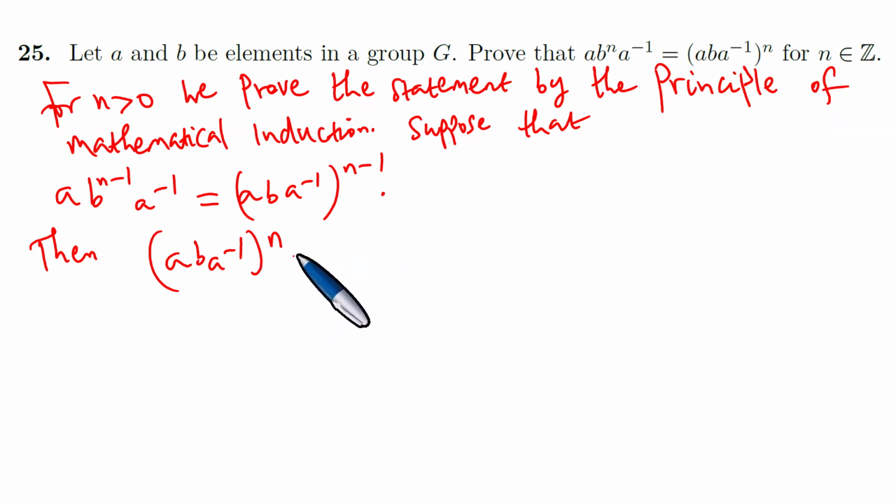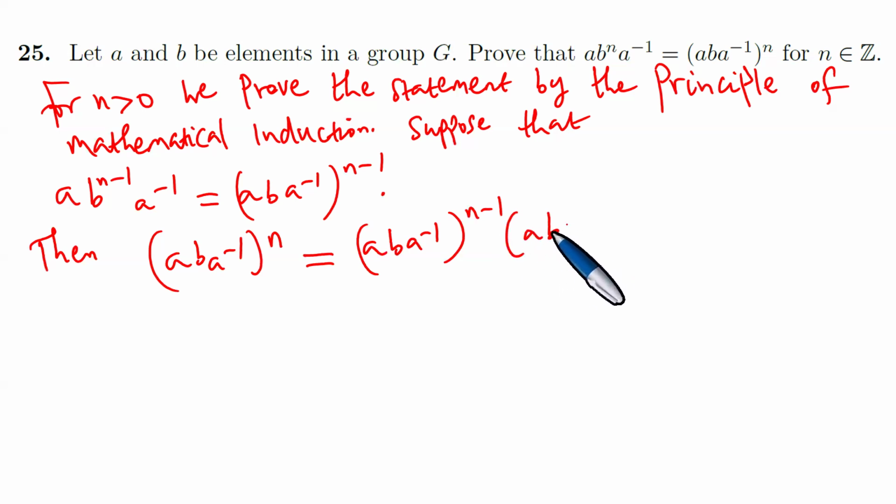Then, if we now increase the power by 1 more unit, then it becomes a b a minus 1. Now, this is true. So now, if you raise this to the power n, you get this.